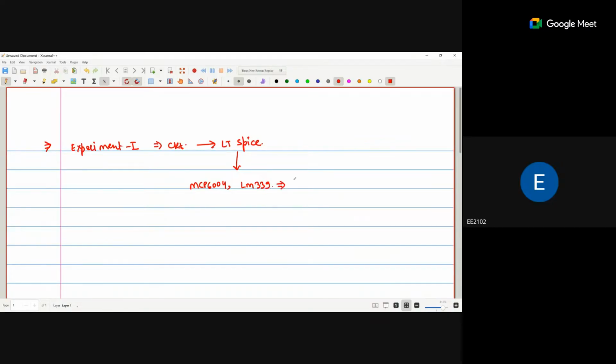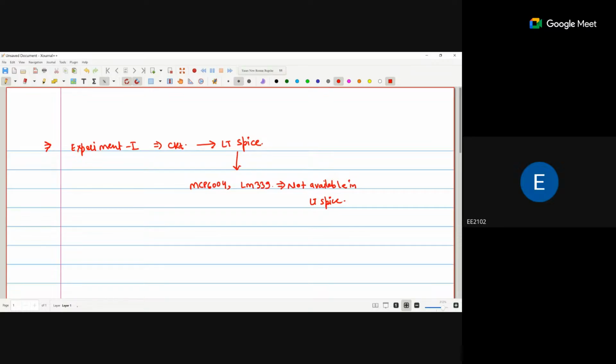These two components are not available in LTspice. So what you have to do, you have to create these components.